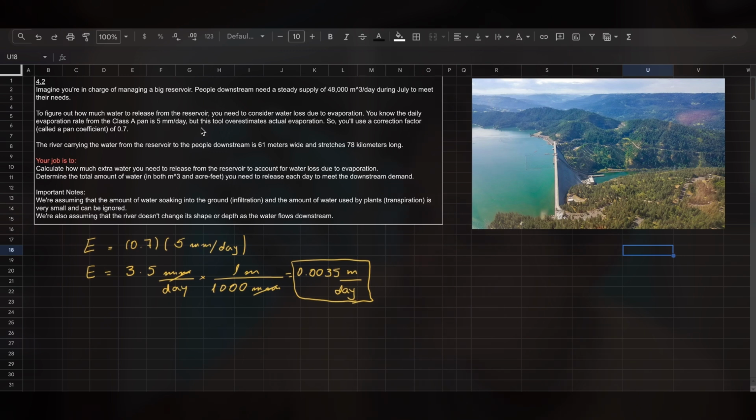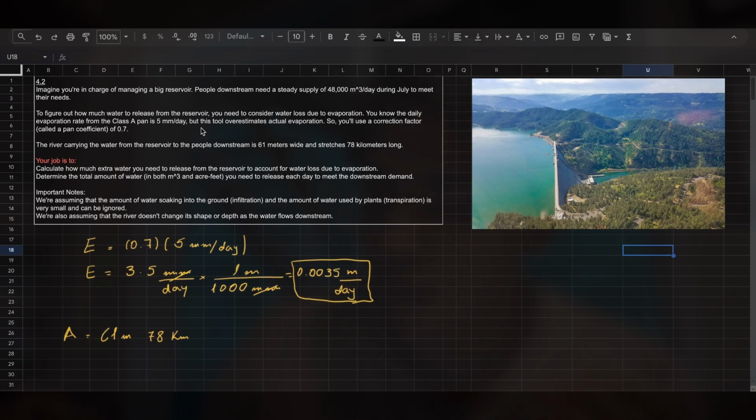Now let's find out what the actual area of our river is, and that's going to be the width, 61 meters, times its length, that is 78 kilometers. Let's convert the kilometers to meters.